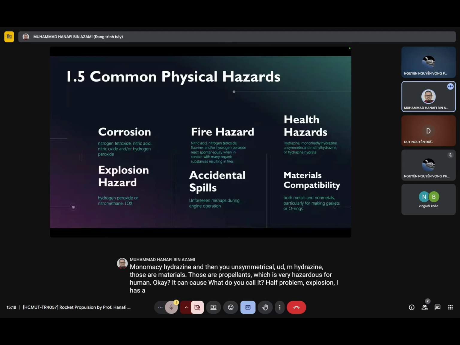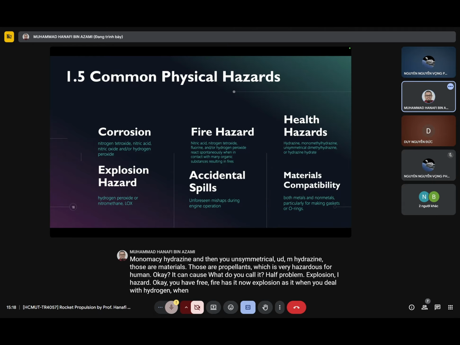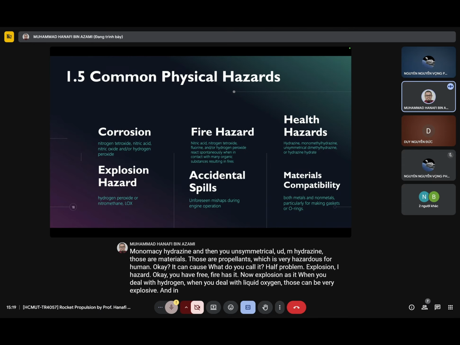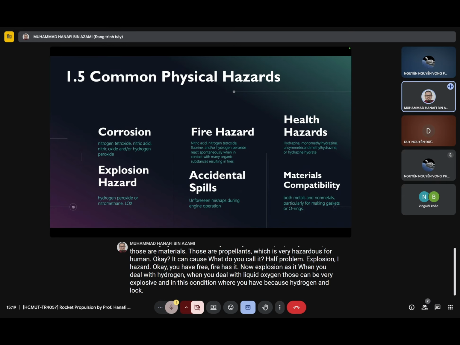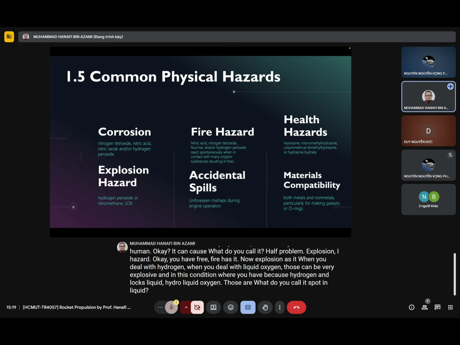Explosion hazard. You have fire hazard, now explosion hazard. When you deal with hydrogen or liquid oxygen, those can be very explosive. Hydrogen and LOX, liquid oxygen, are stored as liquids at very low temperature and very high pressure.